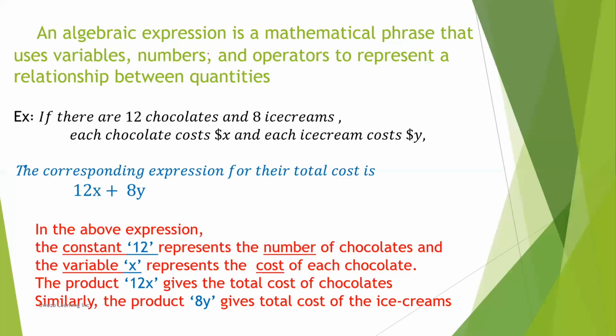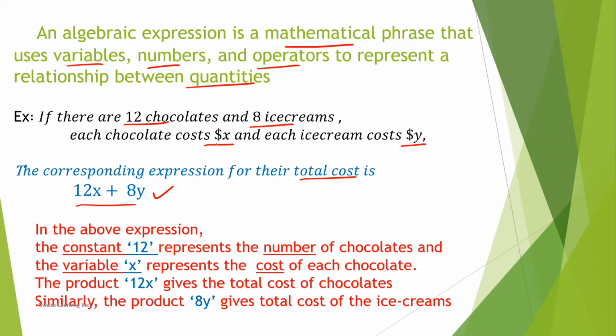An algebraic expression is a mathematical phrase that uses variables, numbers, and operators to represent a relationship between quantities. For example, if there are 12 chocolates and 8 ice creams, and each chocolate costs x dollars and an ice cream costs y dollars, the expression for the total cost would be 12x plus 8y.